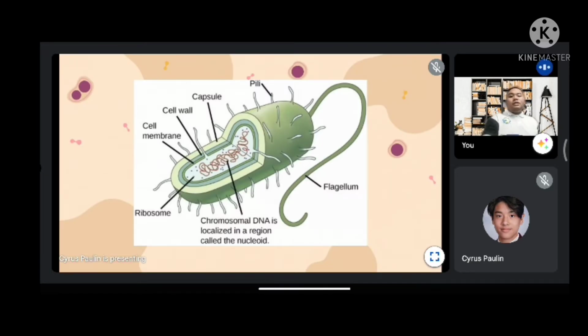So this is an example of a prokaryotic cell. We have here the nucleoid region. A primitive cell or a prokaryotic cell doesn't have a true nucleus. Instead, it has a nucleoid, and it doesn't have a nuclear membrane.